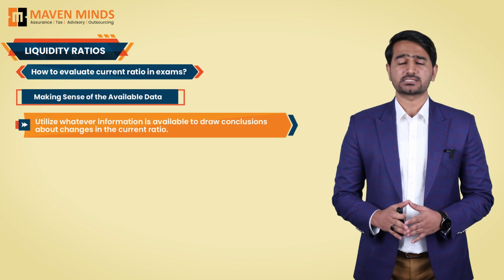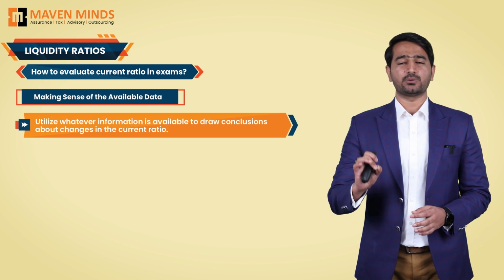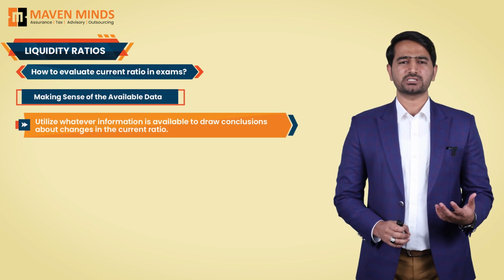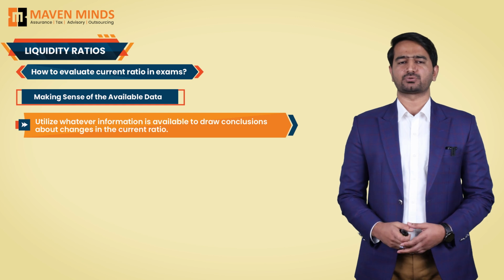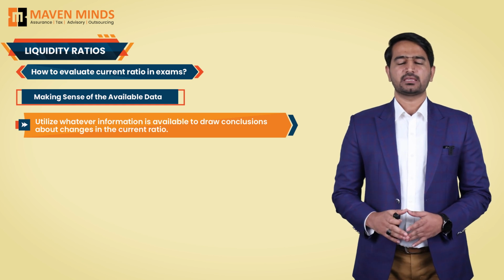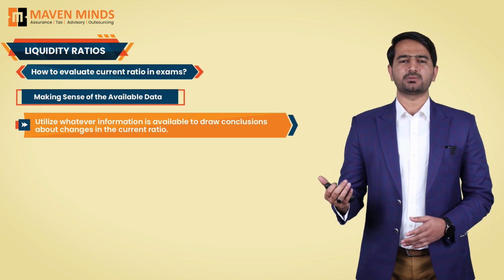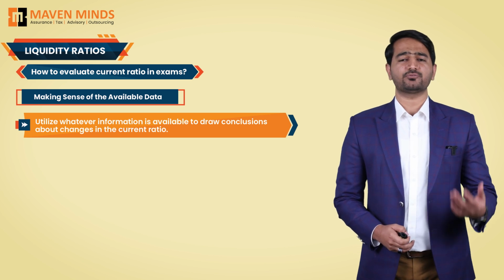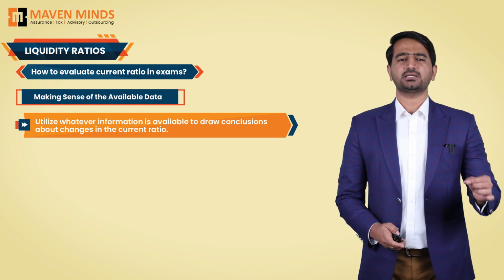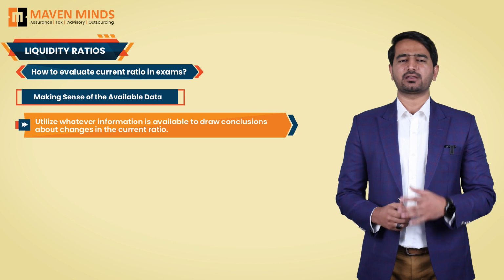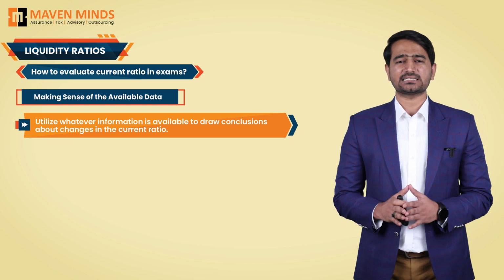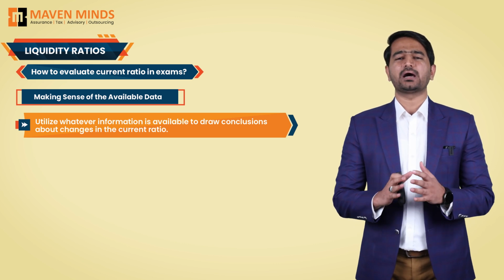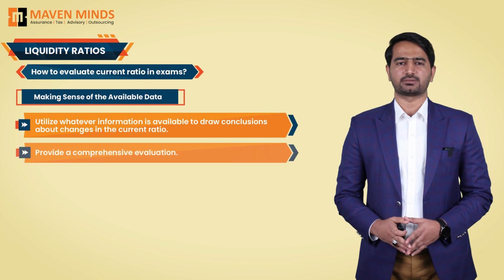You need to utilize whatever information is available to draw conclusions about the changes in current ratio. For instance, if inventories or receivables are increasing, or if there is an unusually high amount of cash, these factors could be driving changes in the current ratio. Discuss these elements in your answer to provide a comprehensive evaluation.